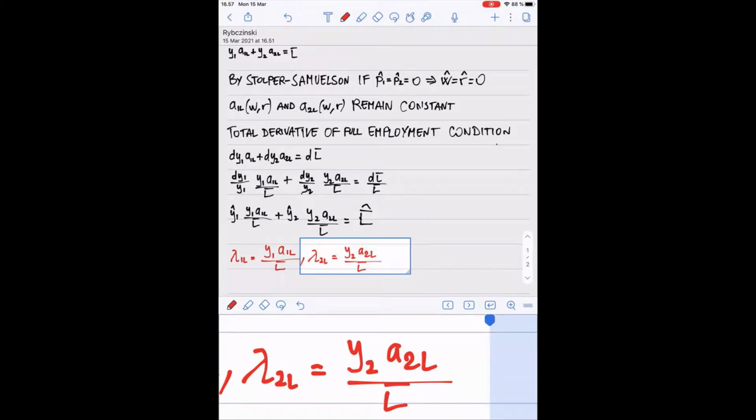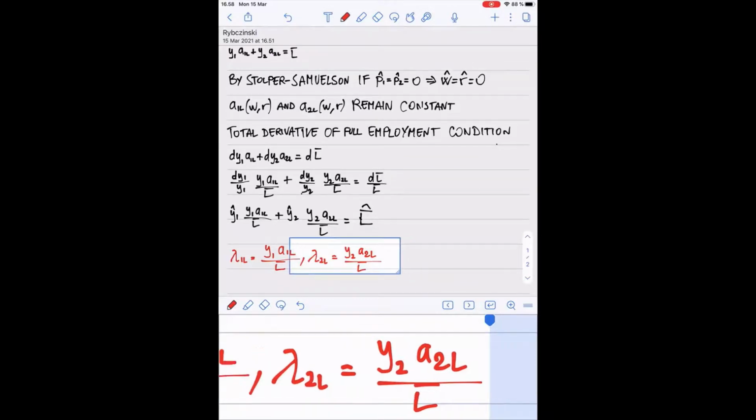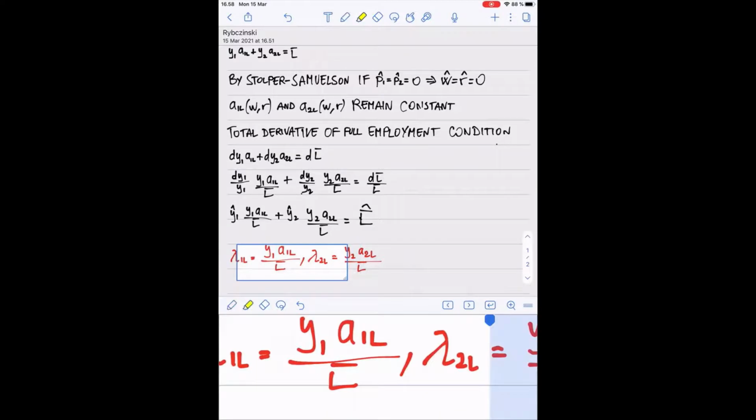Now, these lambda terms are the share of workers employed in the two industries. So lambda 1L is the ratio between y1 a1L. So that is the total output in industry 1, y1, times the unit labor requirement, so the number of workers you need to produce 1 unit of output. So y1 times a1L is the total number of workers that are working in industry 1.